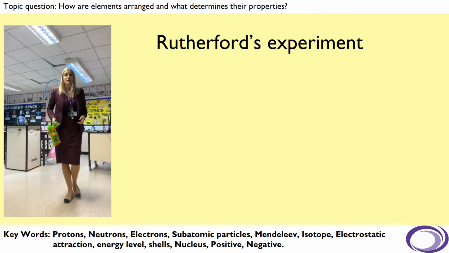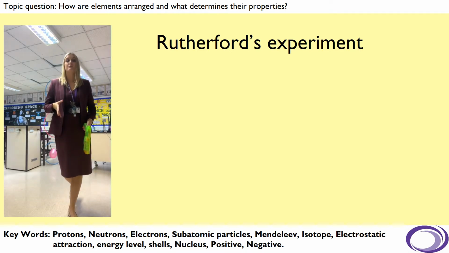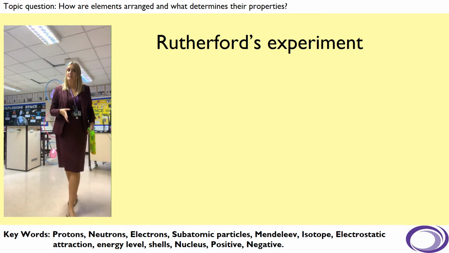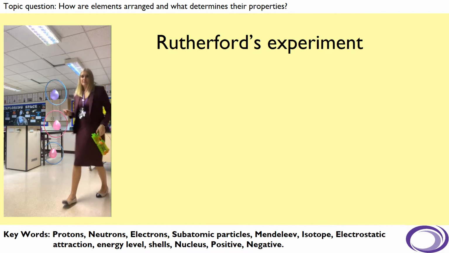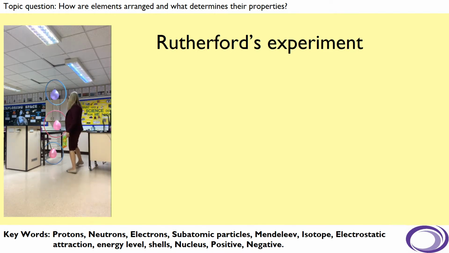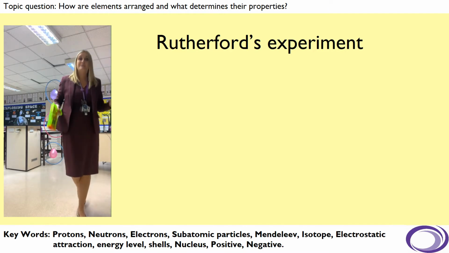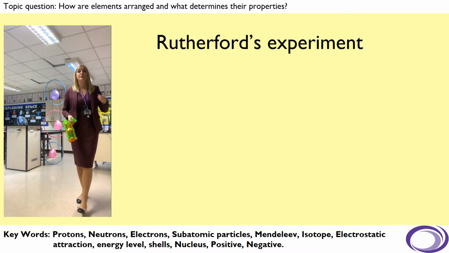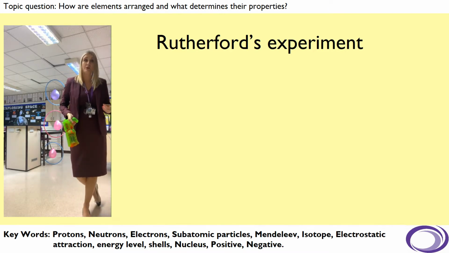This is a model which can be used to demonstrate Rutherford's alpha particle scattering experiment. The hoops and balloons behind me represent his sheet of gold, where the balloons are the positive nuclei. Now, Rutherford expected his experiment to actually prove the plum pudding model.